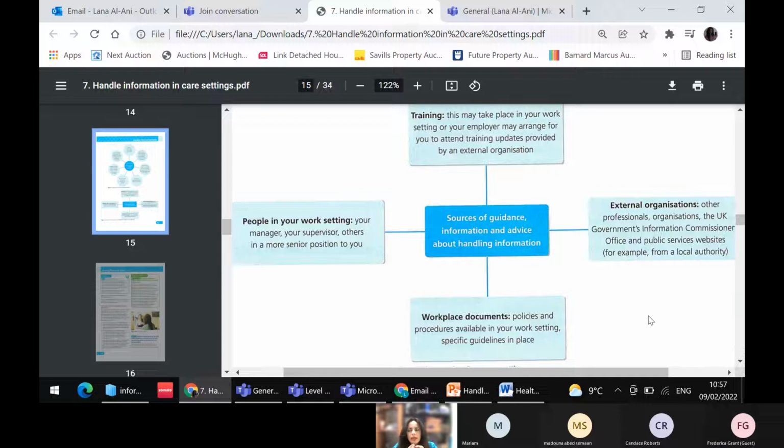No, it's how to access information about how to handle the data. So how to handle the data at work. For example, I got lots of data from the family, as you said, from the client themselves, from my colleagues. I put all the data on the computer about this person. Now, how can I handle these data? To do that, you need to make sure it's got a safe, secure password.